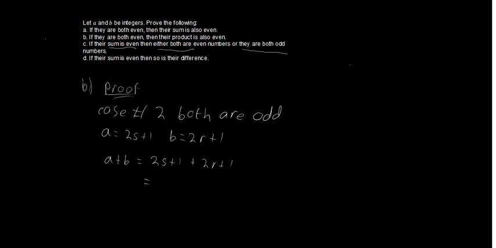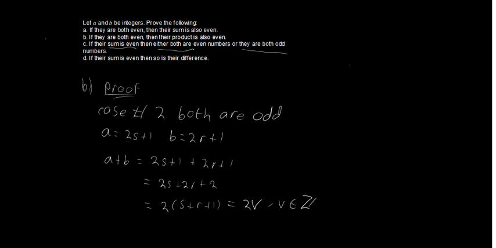So we're going to have 2S plus 2R plus 2 there, right? All of these have 2, so I can factor out the 2 there. So I'm going to say 2 times S plus R plus 1, which of course gives me 2 by some integer V, where V is a member of our integer set, right?